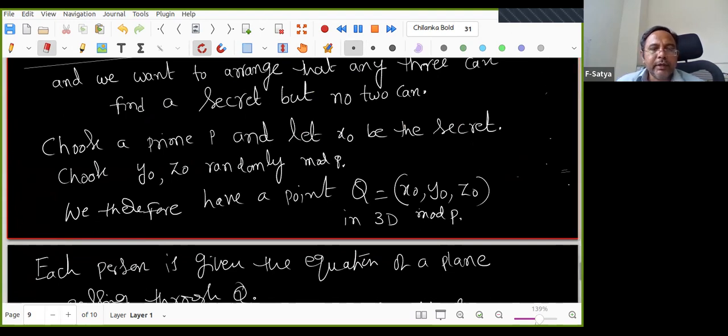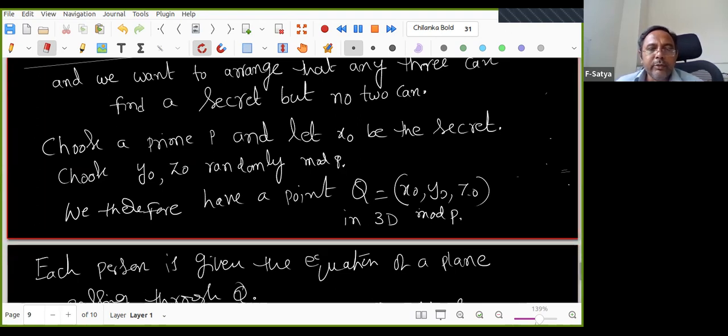Choose Y0, Z0 randomly modulo P. We therefore have a point Q = (X0, Y0, Z0). X0, Y0, Z0 are random; the secret is X0. It is a point in 3D. I said R, but we can take modulo P also.